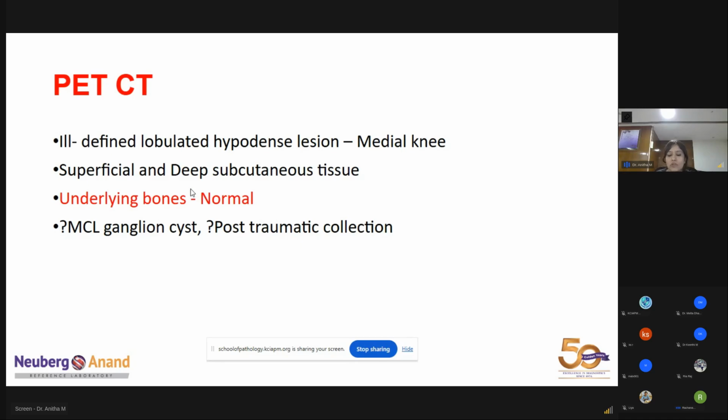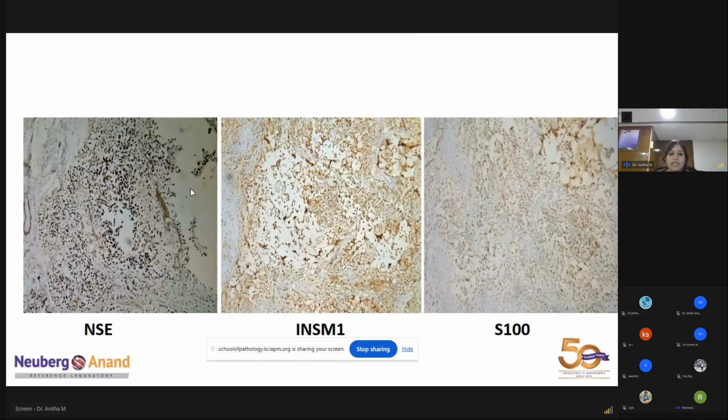Considering this diagnosis, we went ahead with IHC. Initially we chose three markers: neuron-specific enolase, INSM1 and S100, all of which showed positivity. Neuron-specific enolase and INSM1 showed diffuse, strong positivity, whereas S100 showed patchy nuclear to cytoplasmic positivity.